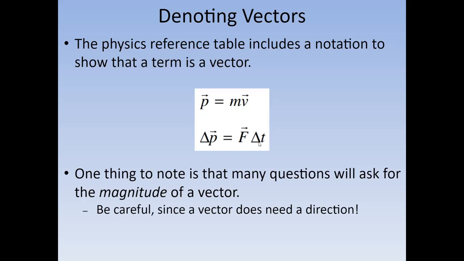One thing to note though is that a lot of times when questions ask you for a vector term, they'll say that they want the magnitude of the vector. That just means that they want the value. They don't care if you add in a direction. If you add in a direction, that's fine. It's not going to harm you if you get that wrong. But all they really care about is the value. However, it is important to be very careful with the reading of the questions. The AP is very notorious for being tricky.